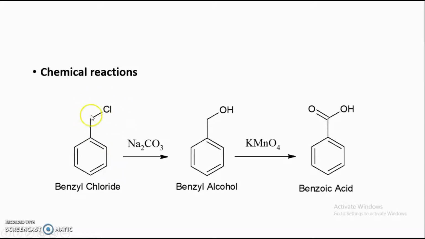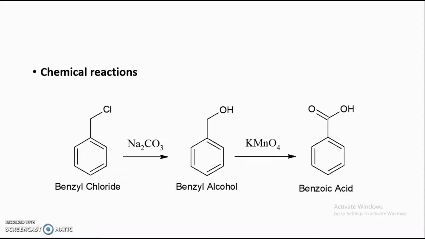Now here if we use only alkyl group, for example, toluene, when only alkyl groups are present in the side chain, it is quite difficult to perform that particular reaction because the reaction rate is very slow. But if a chlorinated or halogenated group is present on the alkyl group, then we can perform these reactions at quite a faster speed. So that's why we are going to use the benzyl chloride.